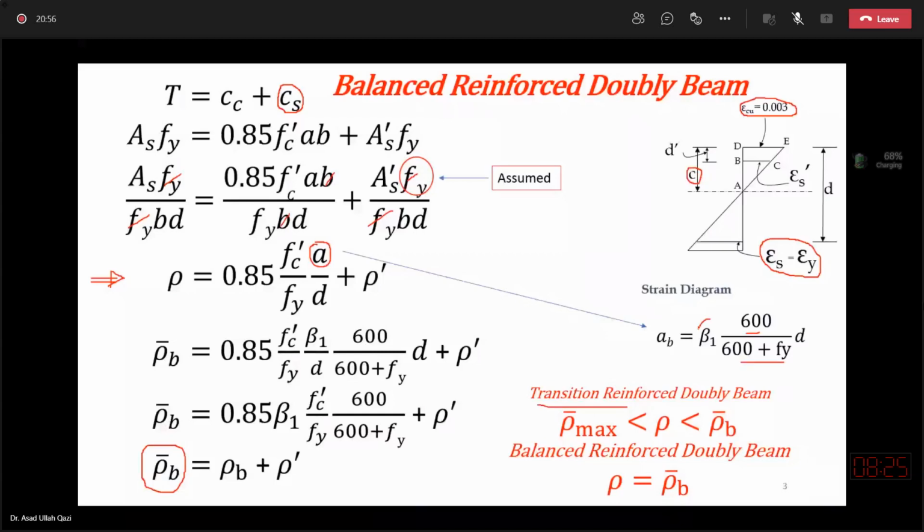So once you put this A over here, you are allowed then to put a subscript, and to distinguish it from singly beam equation, you will put a bar on top of it.